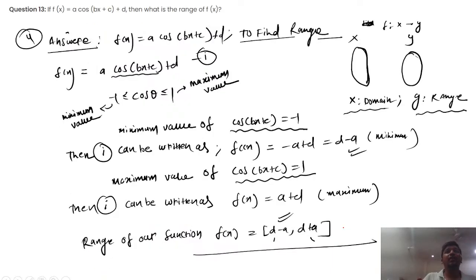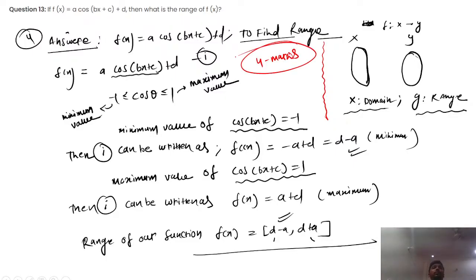Okay, this can be asked again in the 4 marks. This is a 4 mark question. Okay, this can be asked in 4 marks. Now try to visualize or analyze what you have done in this question.